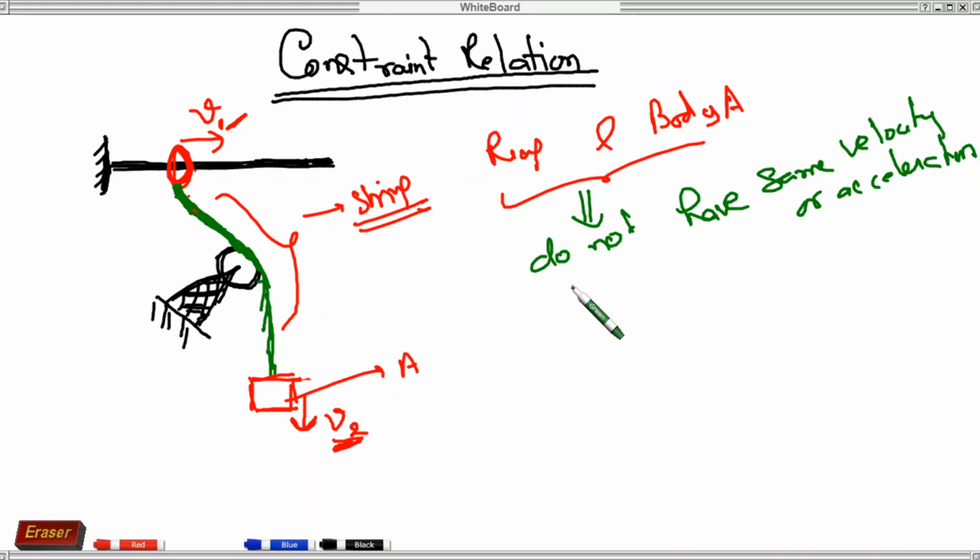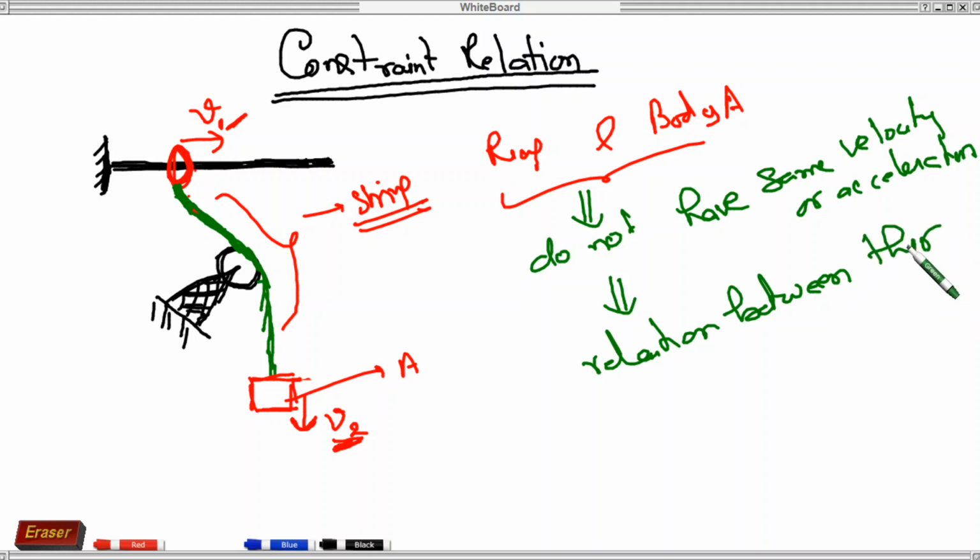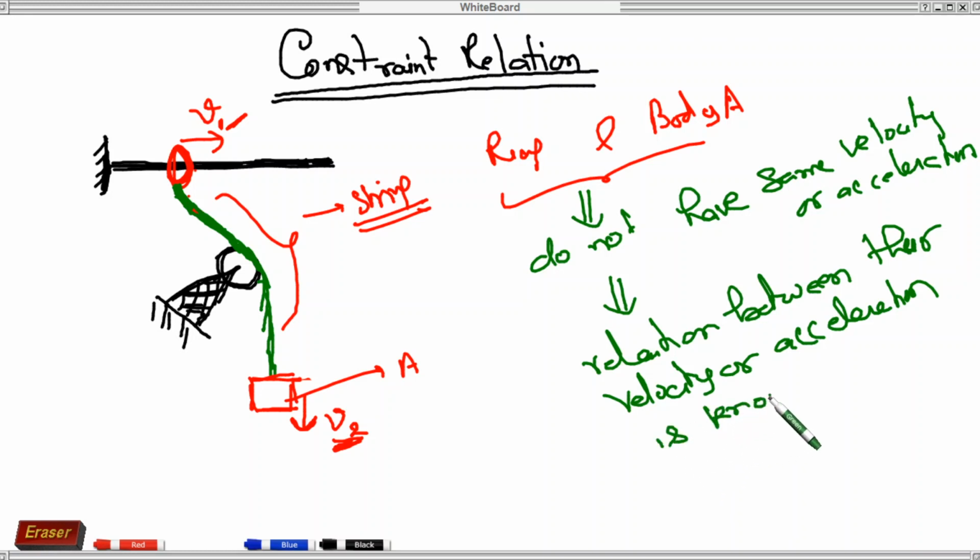Okay, so the relation between their velocity or acceleration is known as the constraint relation.